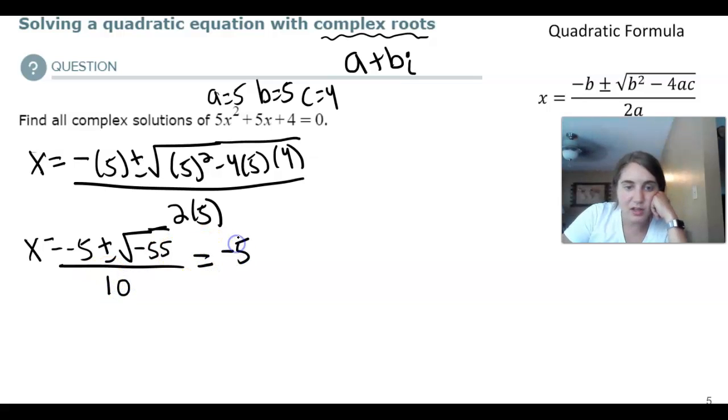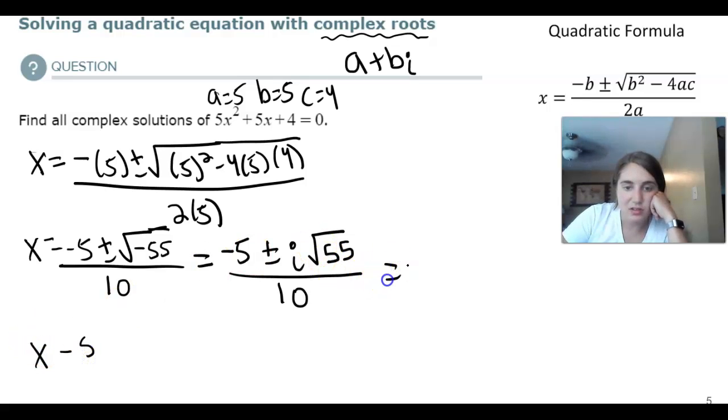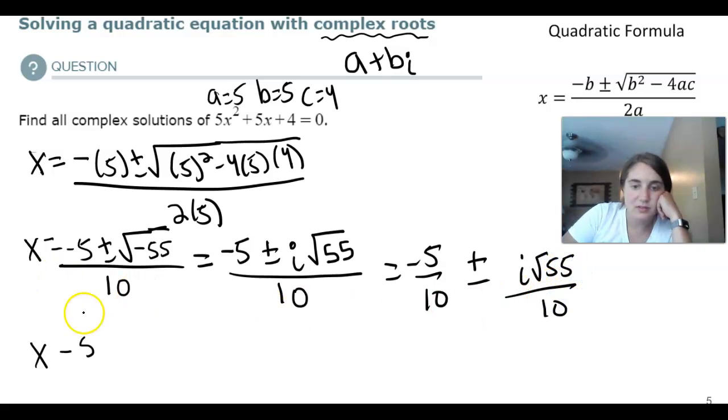Remember that I can write this with an i on the outside. And then it wants us to write it as a fraction. So -5 over 10, and -5 over 10 simplifies to -1/2.